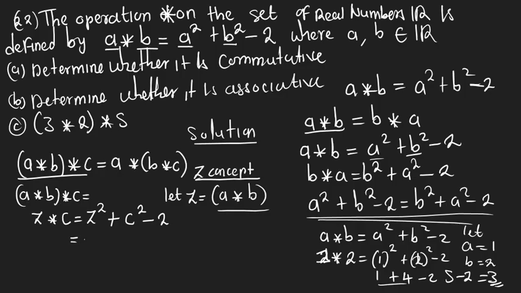So, if that is true, I can put my operation and put it there. Therefore I can say this is going to be A star B to the power 2 plus C to the power 2 minus 2. Then while there is this guy here, I can put my equation.